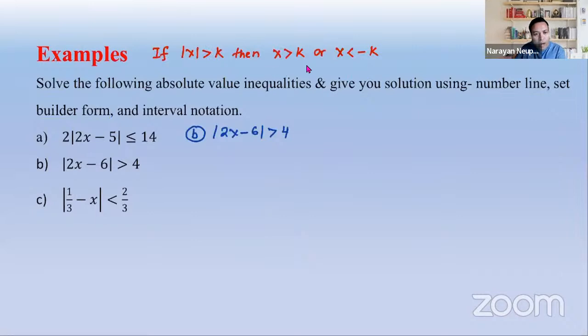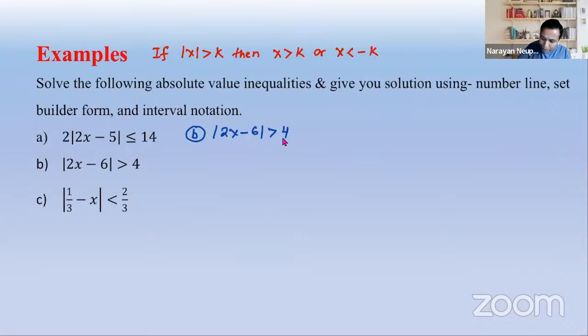We are going to use this definition and solve this inequality. We already have the absolute value on the left hand side, with nothing in front. So we can directly write two statements: this quantity 2x minus 6 greater than 4, or 2x minus 6 is less than negative 4.